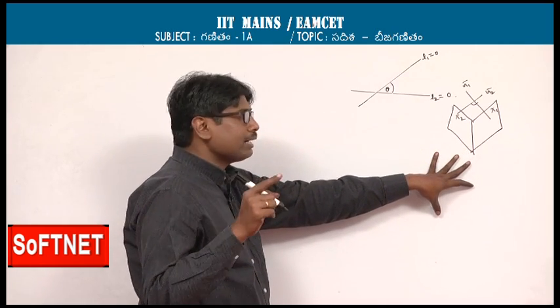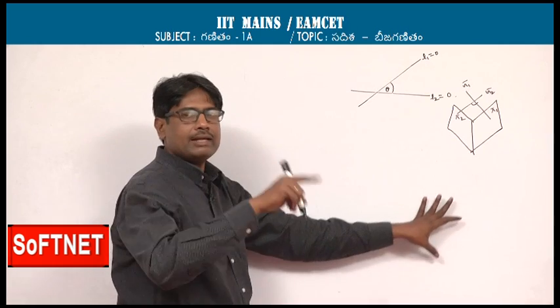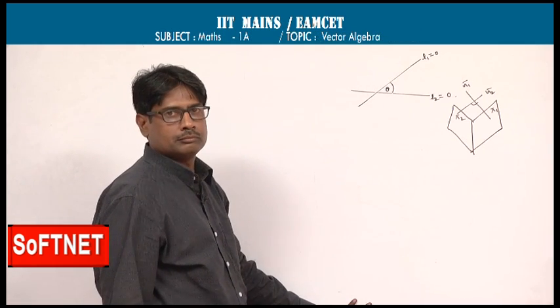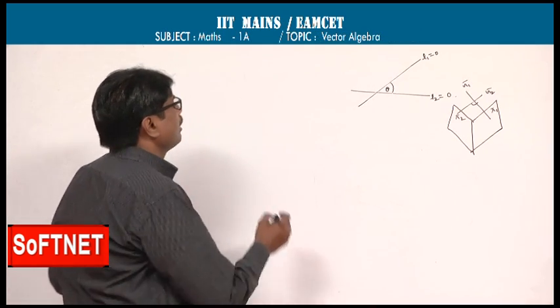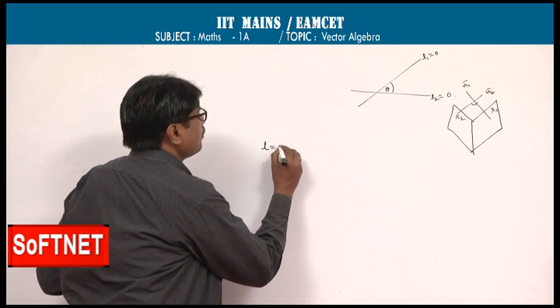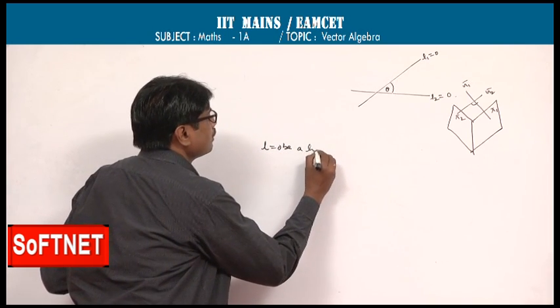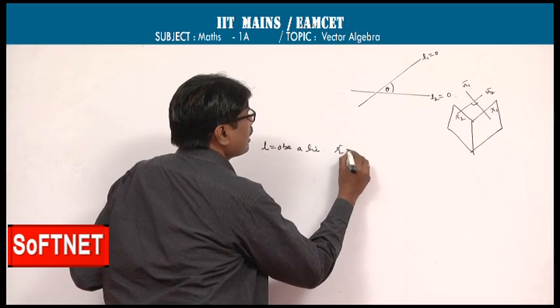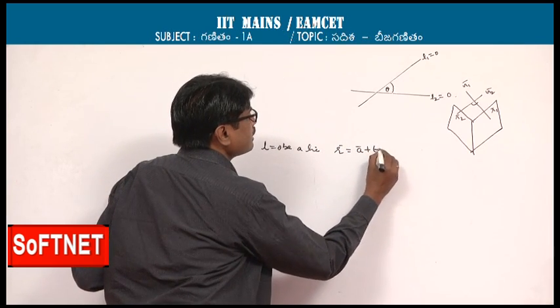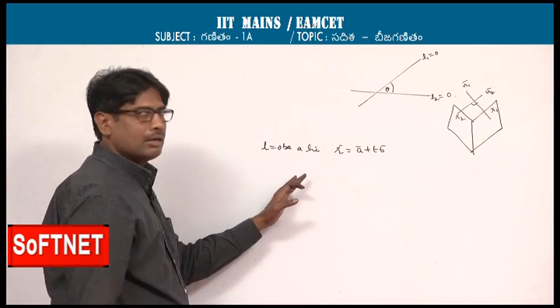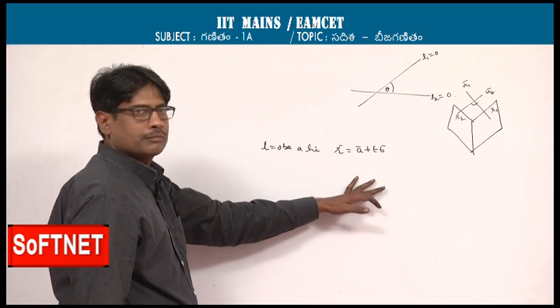Now, how to get the angle between a line and a plane? Let L is equal to 0 be a line, that is R bar is equal to A bar plus t B bar, passing through A bar and parallel to B bar.